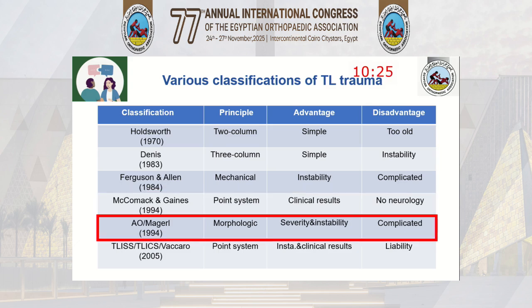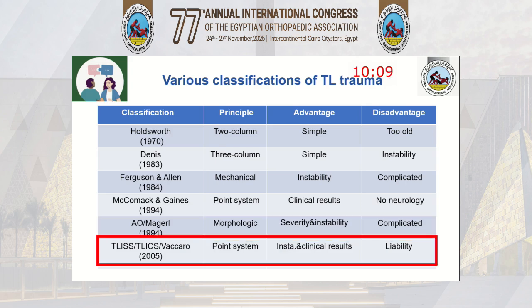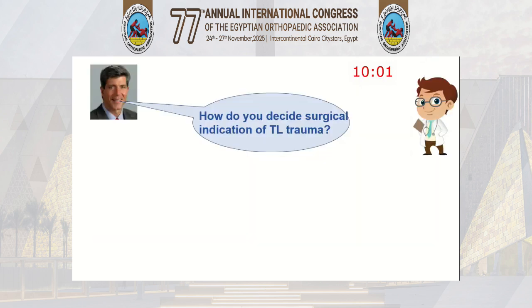AO classification is now the world standard. It is basically based on morphologic change, and you can understand the severity and instability as well. However, it's a little bit complicated to remember. TLICS is also a point system, but reliability is not so sure.